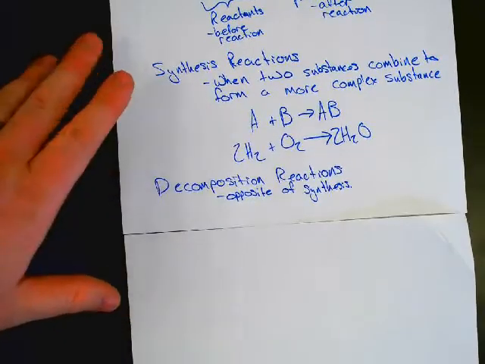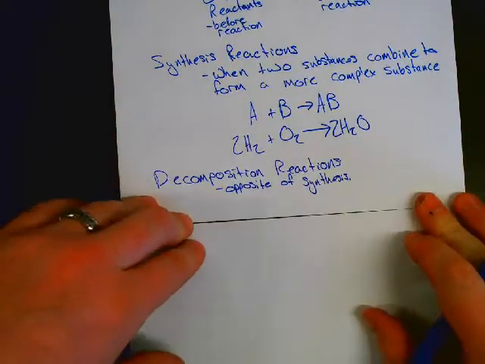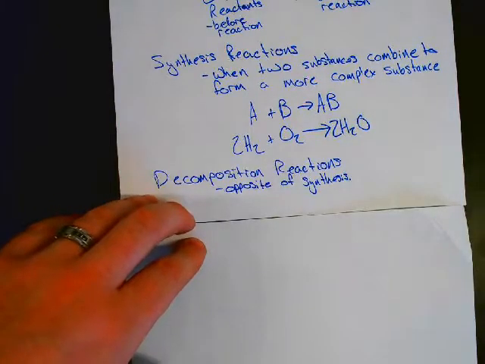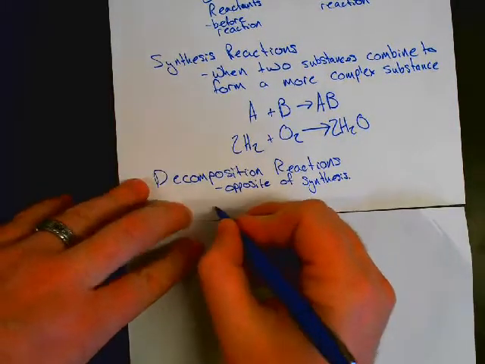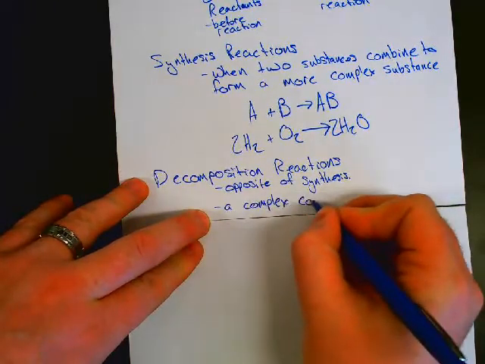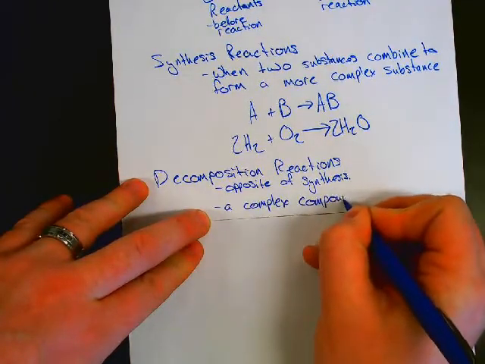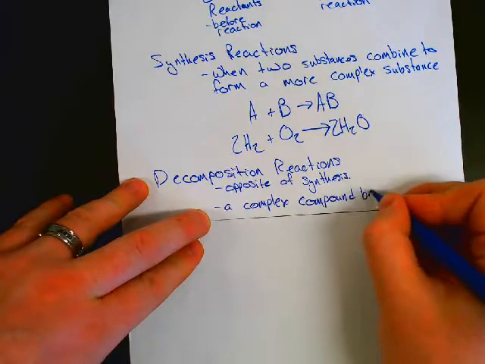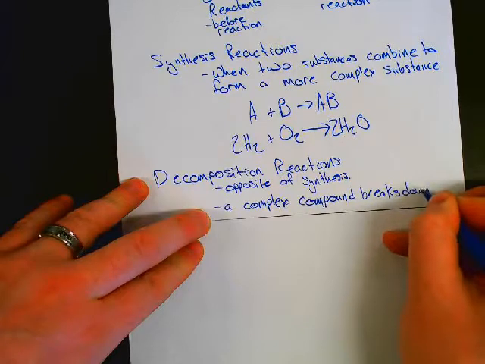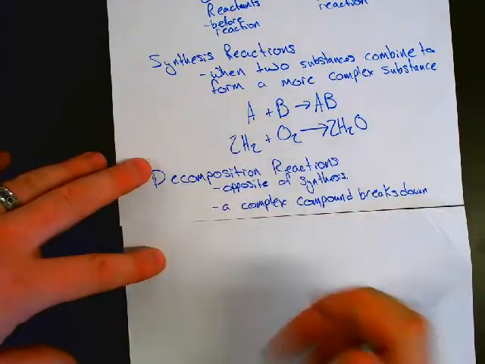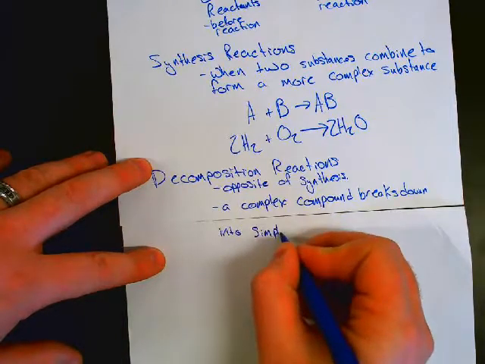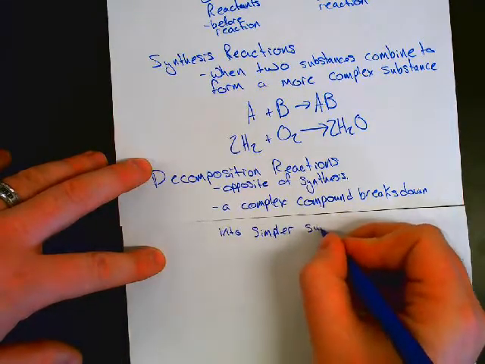When we say it's the opposite of synthesis, that means that we're taking a more complex compound and breaking it down into its component pieces. A complex compound breaks down into simpler substances.